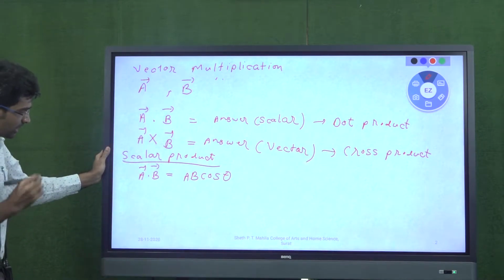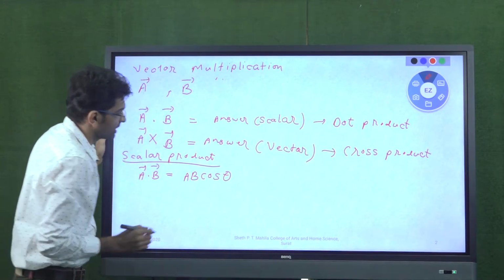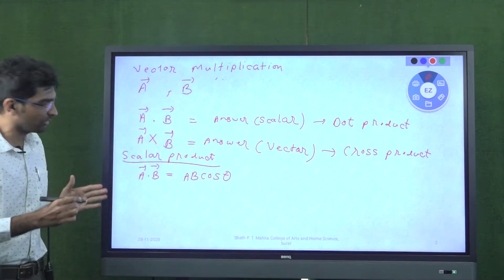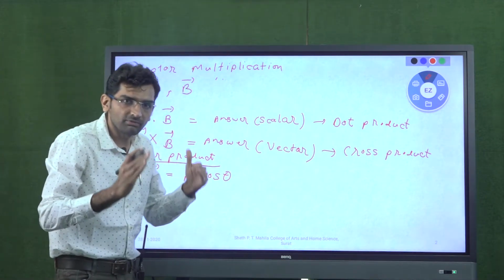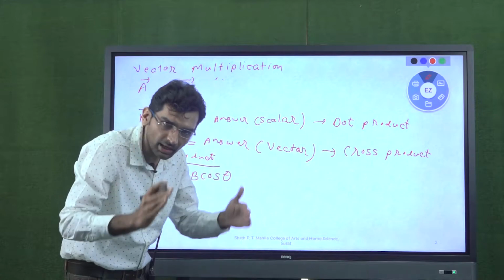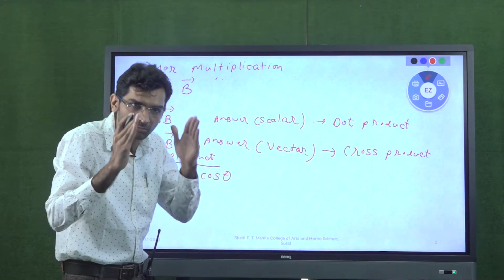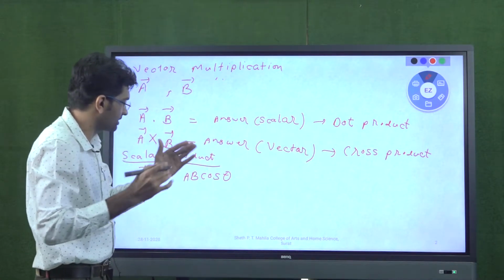What is theta? Theta is the angle between vector A and vector B. That is the smallest angle between vector A and vector B.